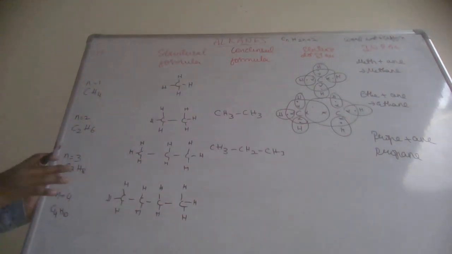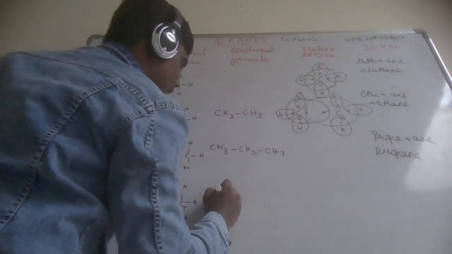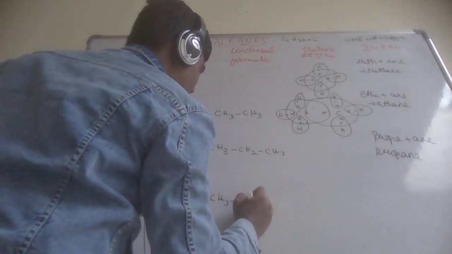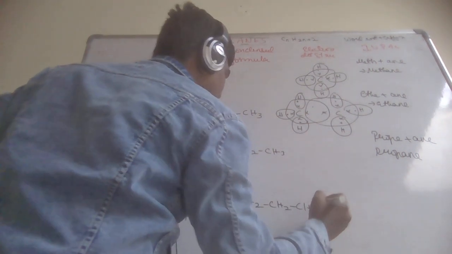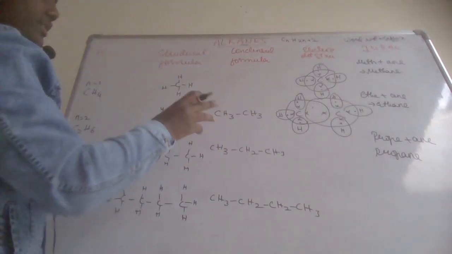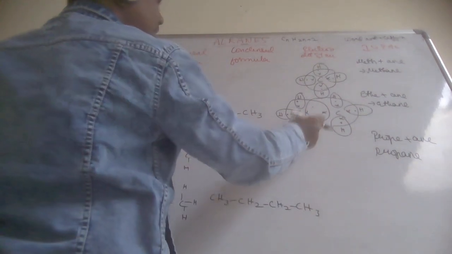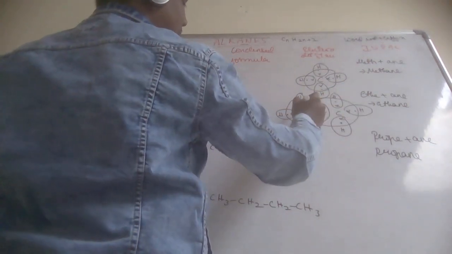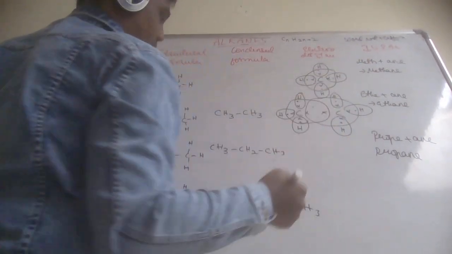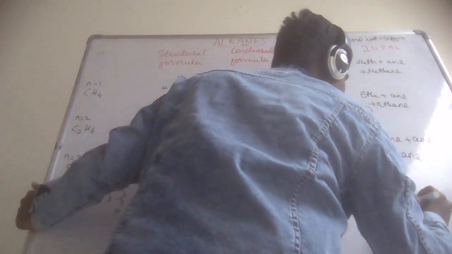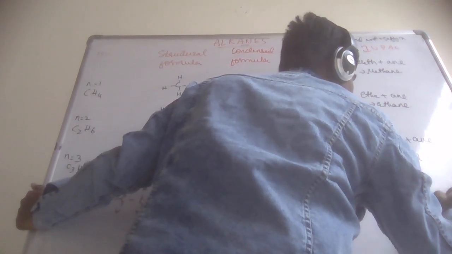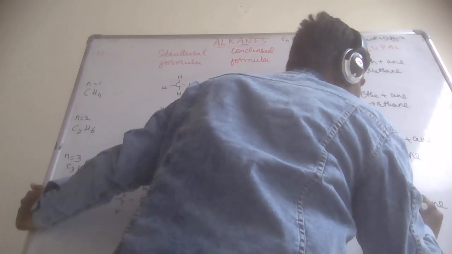Done. This is the structural formula, and the condensed formula would be CH3-CH2-CH2-CH3. The electron dot structure is again the same, the carbon atoms will be increasing and the structure would be modified. The word root for 4 carbon atoms would be but. Suffix would be the same, ane. The compound would be butane.